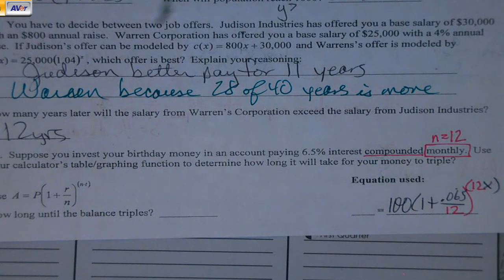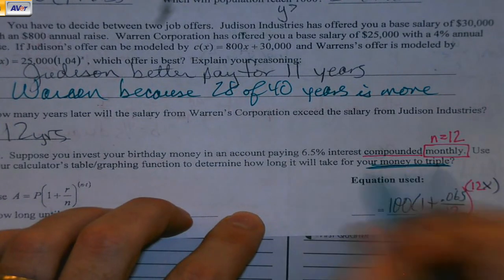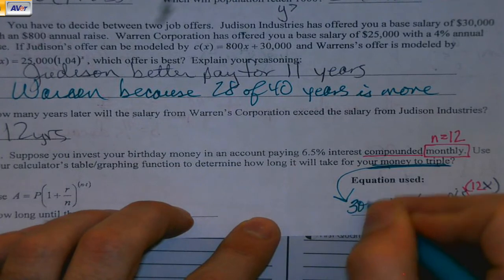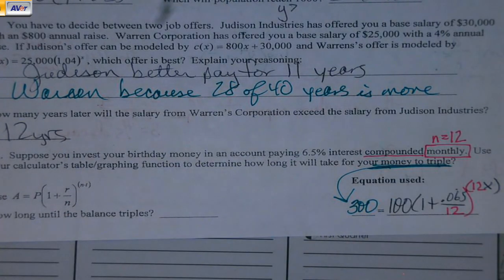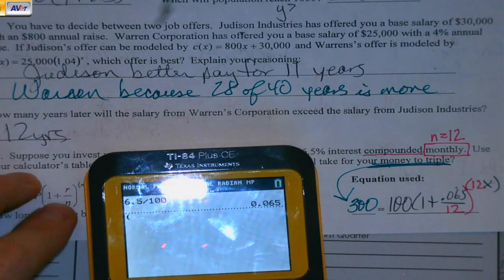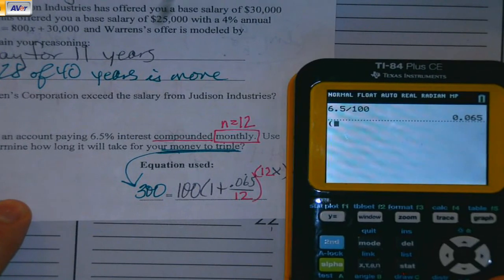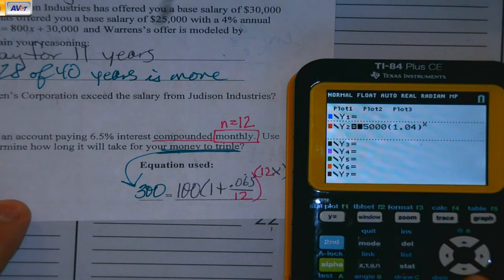But then the question becomes, how long is it going to take for my money to triple? So if I had 100, how long is it going to take before it's 300? And that is going to be what I'm dealing with. So I'm going to go to my y equals.